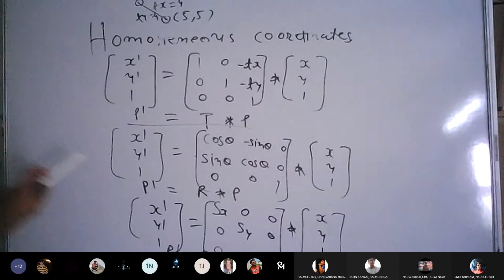Similarly, can anyone tell me how I can get the inverse rotation? Minus cos theta sin theta. How is it minus cos theta sin theta?